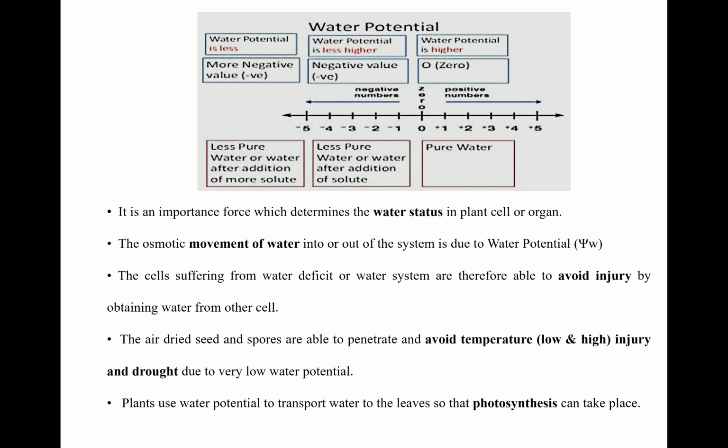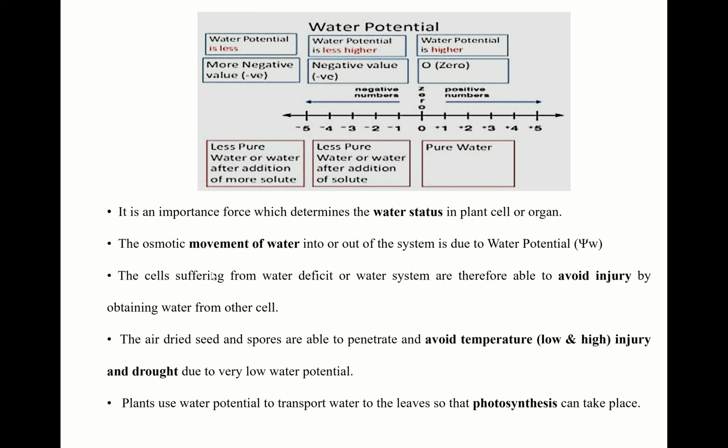I'll explain what the osmosis process is. Just for the time being, remember that if the water molecules are moving in and out of the cell, it is due to the water potential.